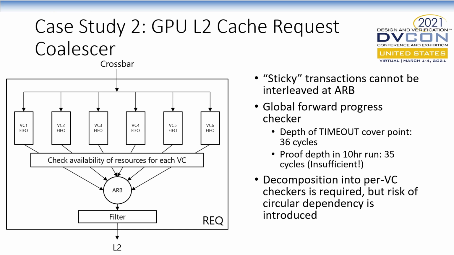Hence, we decompose this single forward progress checker into per virtual channel forward progress checkers. Since these per VC forward progress checkers contain stall conditions, this introduces the risk of circular dependencies going undetected. So we use the method of the circular dependency checker.